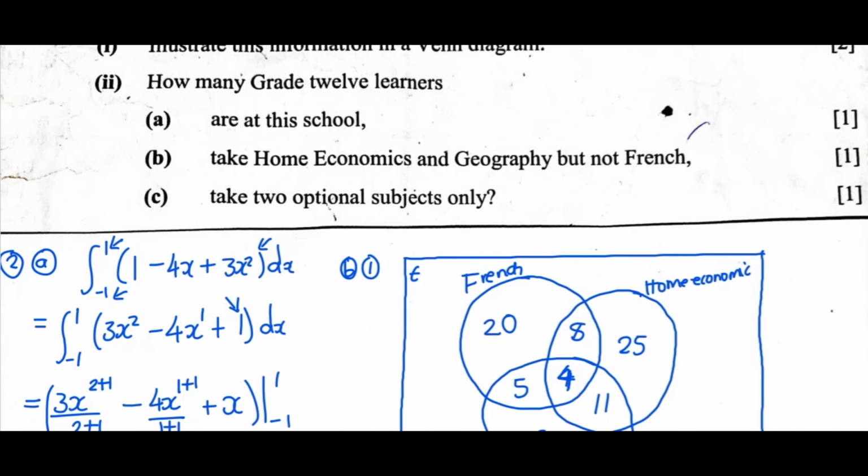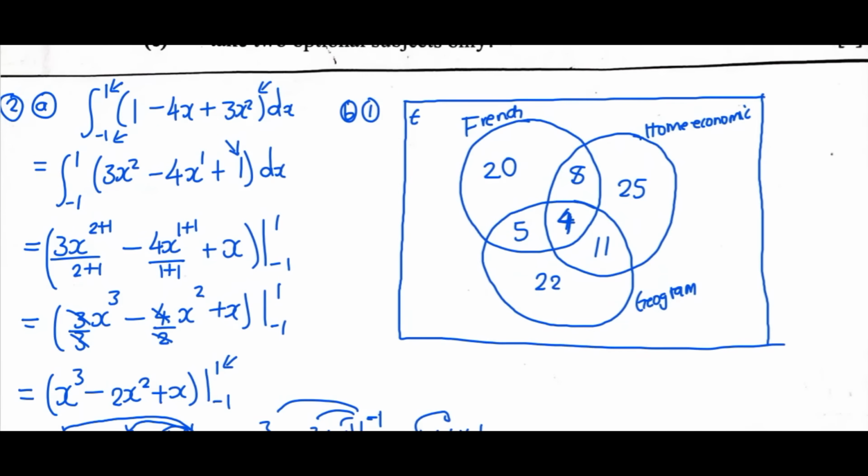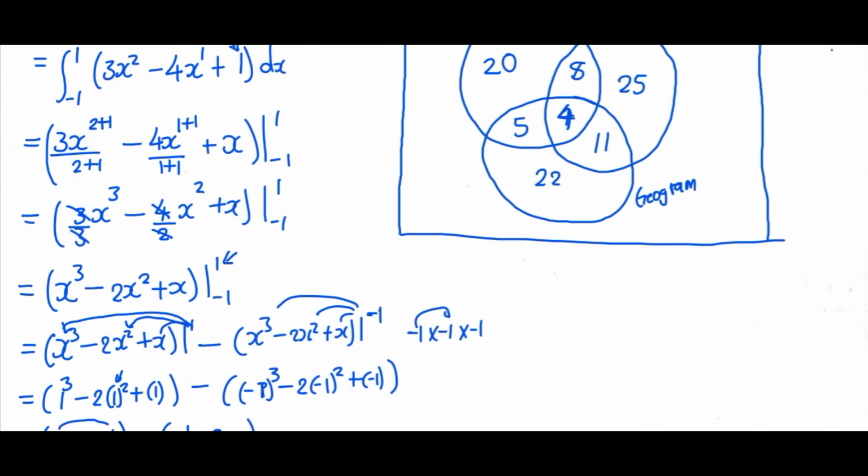Now for A, Roman number 2A is how many grade 12 learners are at this school. So we just want to find the total. So how can we find the total? So say total learners, we are just going to add all the numbers.